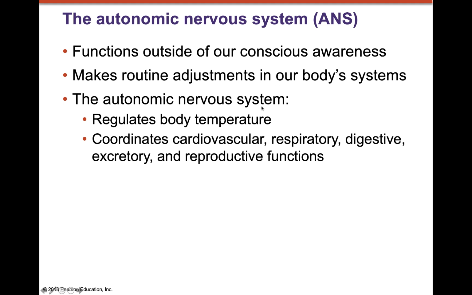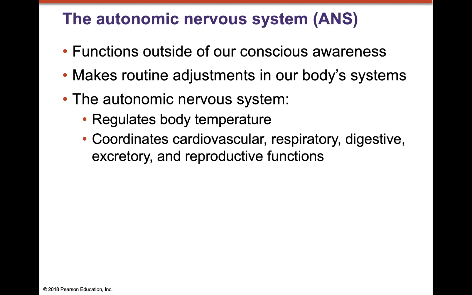So the interoceptors that we discussed bring information from the organs, and the system needs that information in order to send out a command. Now this division is under unconscious control. You're not aware of the autonomic nervous system commands or the information that's coming in.